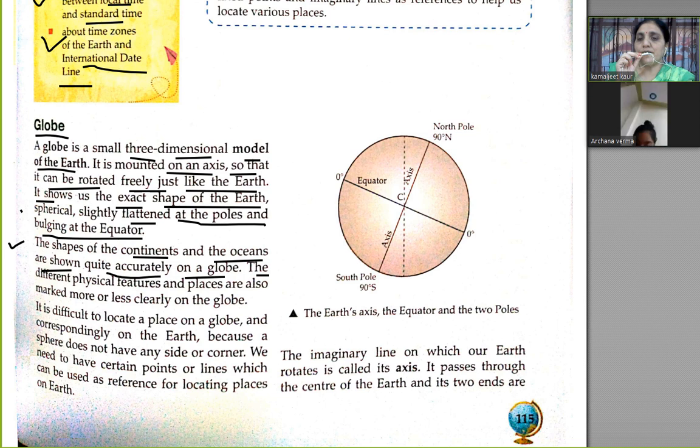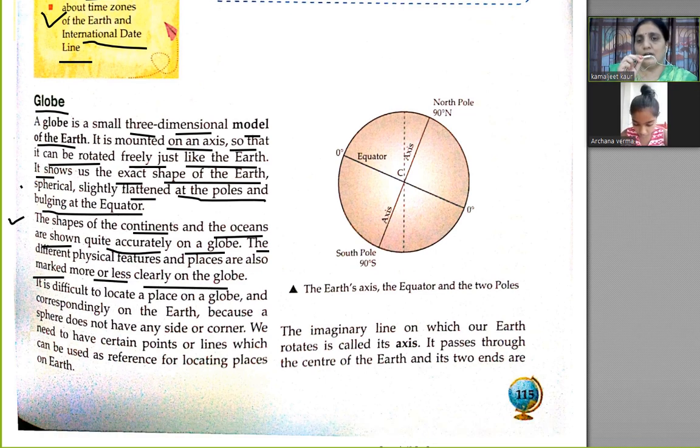The different physical features and the places are also marked more or less clearly on the globe. That is clear. A globe is just like the earth. It shows all continents and oceans accurately. Okay.